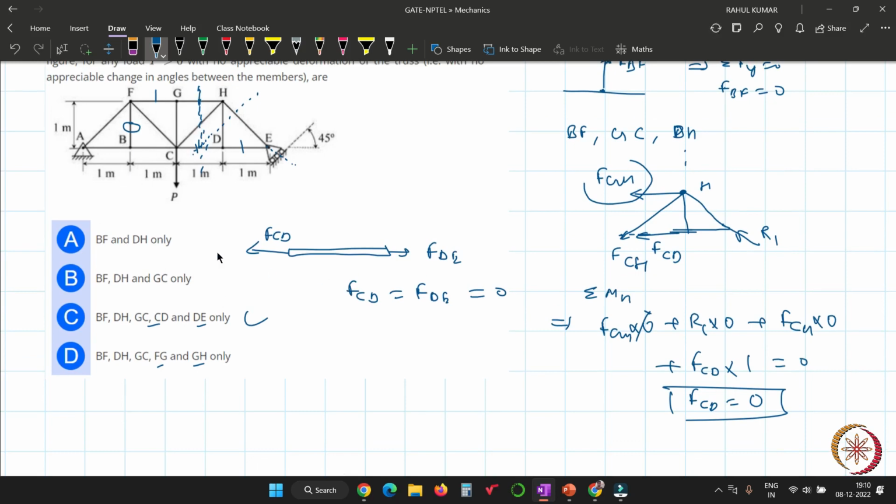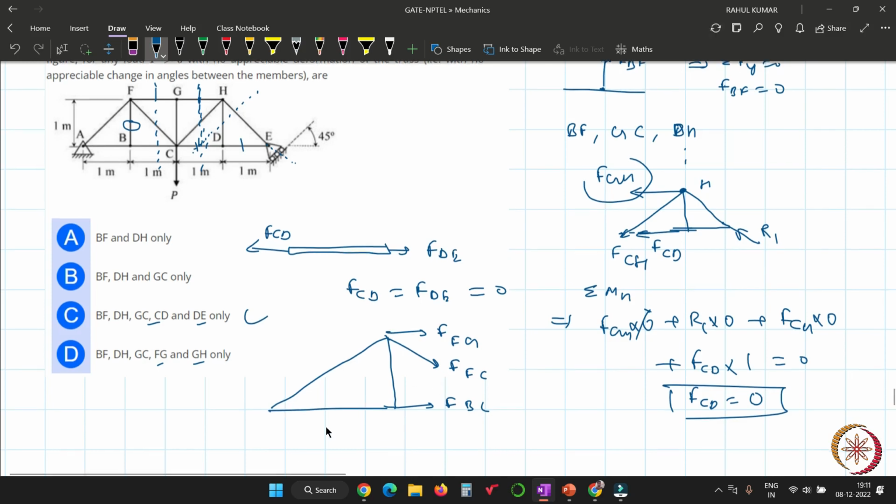Now cut the section here, and you will see that if you draw the FBD, here FG, here FGC, and here FBC.